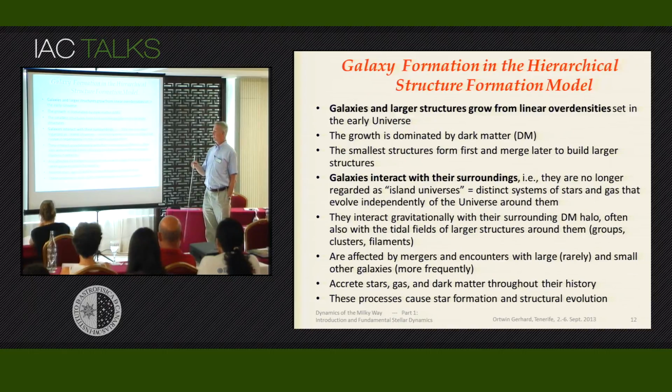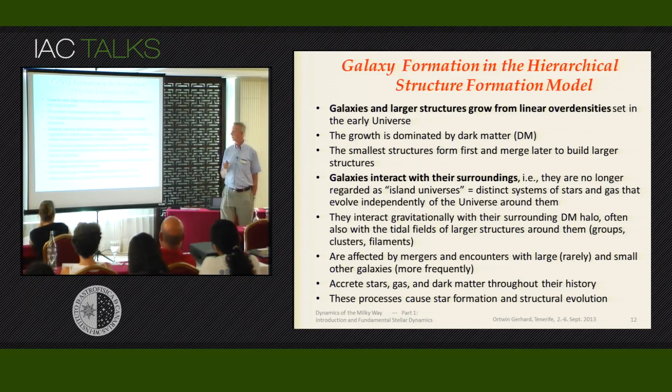Now, there's also the aspect that galaxies generally are affected by mergers. Now, mergers could be with large systems. That is rather rare. However, it's predicted from recent data, I'll show you in the last day, that our Milky Way will have a major merger in the future with Andromeda, because Andromeda is on a direct collision orbit with us.